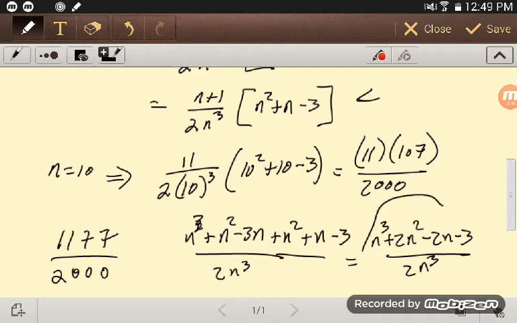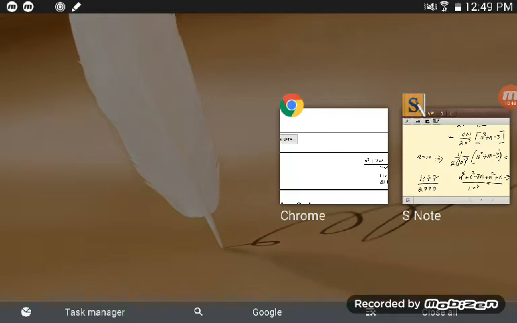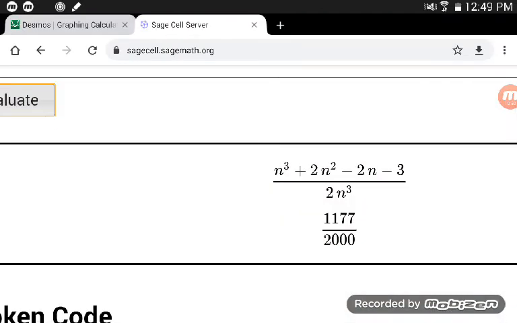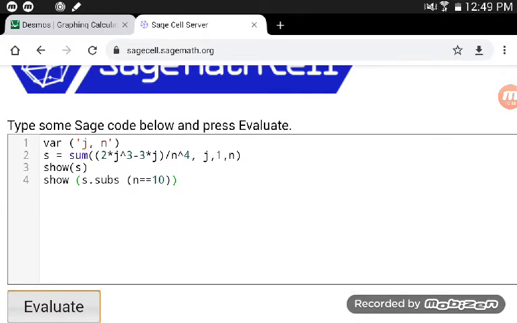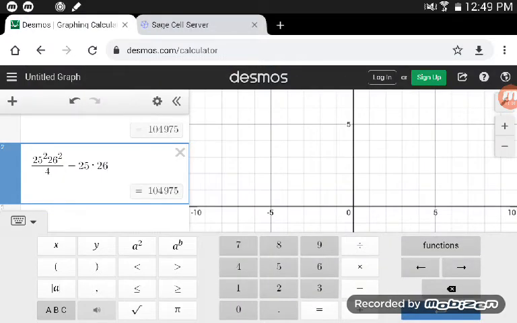Again, we could plug this into Sage or Desmos and evaluate it for all these different numbers. Let's go to Desmos, and again, let's try to put this sum in, but Desmos doesn't like that n there, so we're going to have to be a little trickier about it.